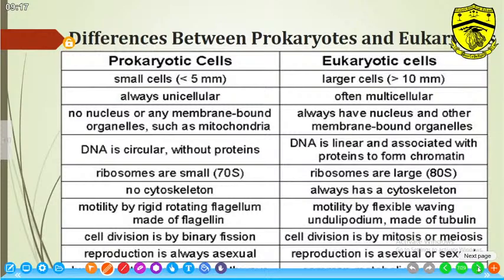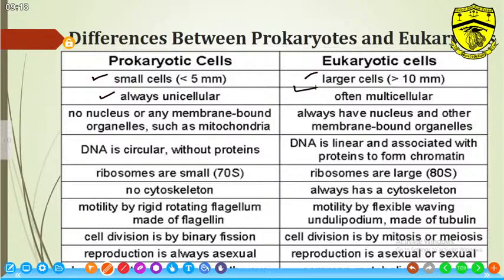Prokaryotic cells are the smallest structures, only about 5 micrometers, very tiny. Eukaryotic cells are larger, more than 10 micrometers. Prokaryotic cells are always unicellular, and eukaryotic cells are often multicellular.